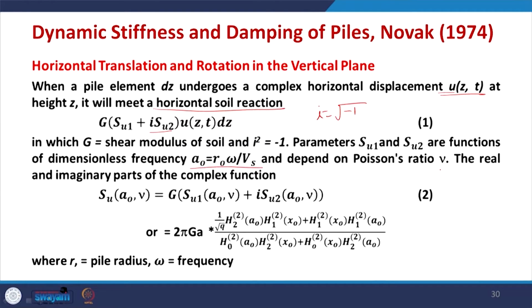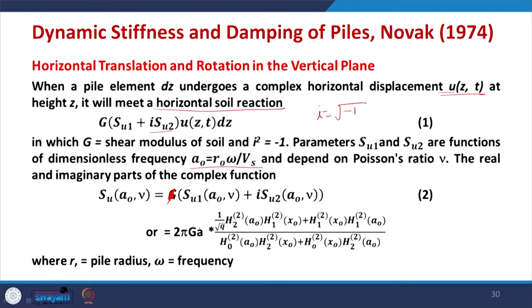The real and imaginary parts of the complex functions are given by equation 2, where you have S_u1(a_0, nu), and this is given. So, what you can see in equation 2, oh sorry, this G should not be here, because these are components of S_u1 only.